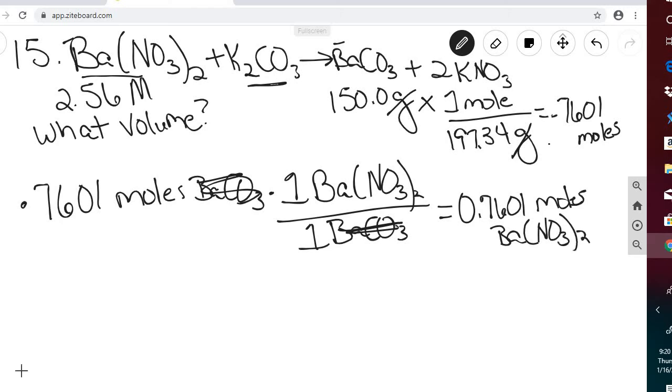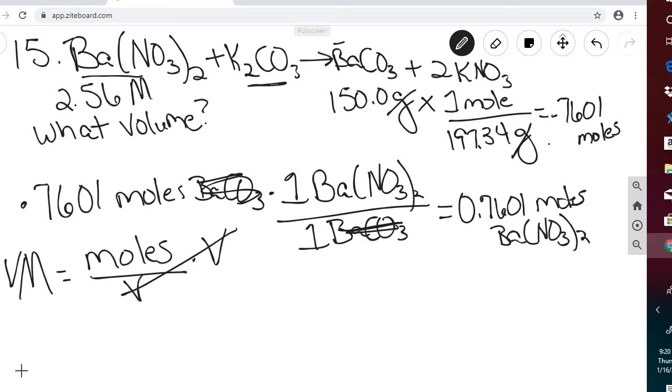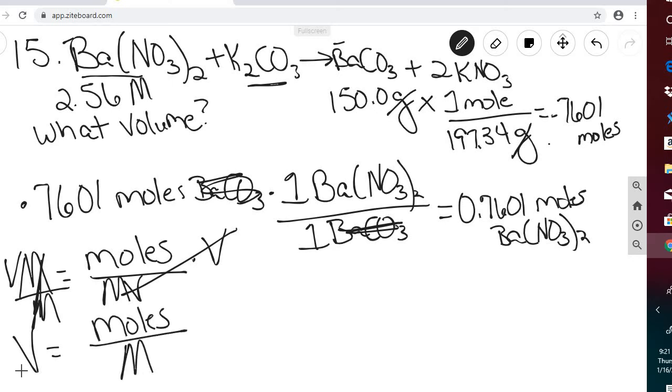Okay, now we have the number of moles and we have the molarity, so we can solve for volume. Molarity is equal to moles divided by volume. If we just do our algebra, multiply both sides by volume, and then divide both sides by molarity, that will give us that V is equal to moles over molarity. We just solved for the moles. It's 0.7601 moles.